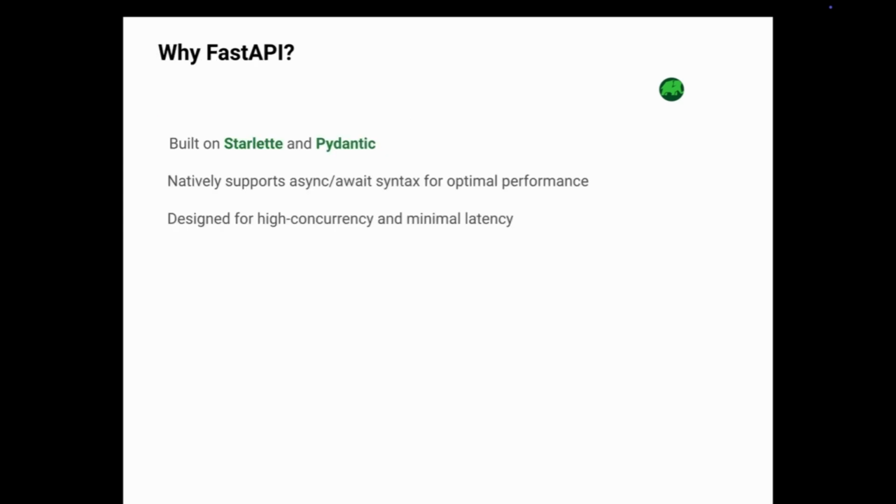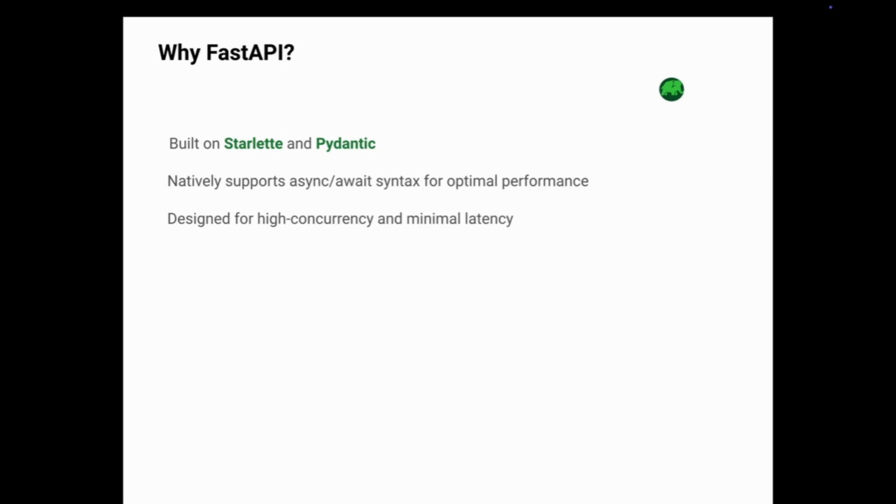So now that we understand async programming, why should we use FastAPI for our next async project? FastAPI combines the performance power of Starlette, a lightning-fast ASGI framework, and the data validation capabilities of Pydantic, the ability to build APIs that are not only fast but also maintainable and easy to scale.